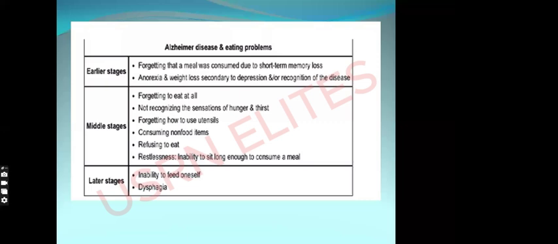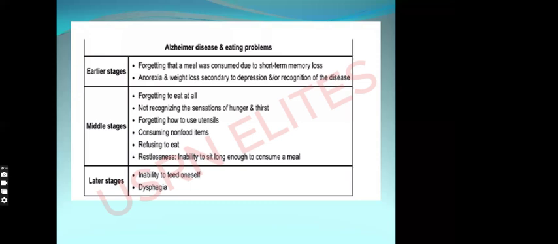Please explain how to validate their feelings. So let me use food as an example. Let's say after serving a patient's meal, in the past 10 minutes, another nurse comes to you, or even the same nurse comes to the patient again, and the patient tells you that he or she has not eaten.